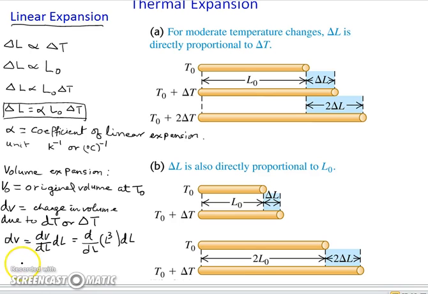If I do this math here, this becomes 3L squared dL, right?